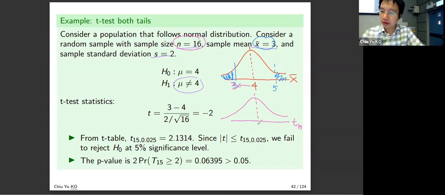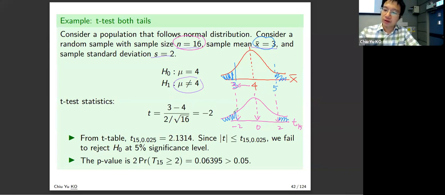This is 4, converted to 0, and 3 converted to negative 2, as we have done. 5 is 2. So the question again is, is this area plus this area more than 5%? Or more than 10%, and so on.